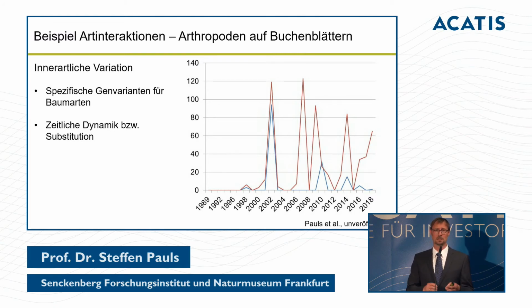Also interesting is that we have a time-lapse dynamic. We have an animal that has two different variants, and we know it since the beginning of the 2000s. Both variants are represented in red and blue. It's a very high density of population. And the blue variant, well, left, and the red is still there.